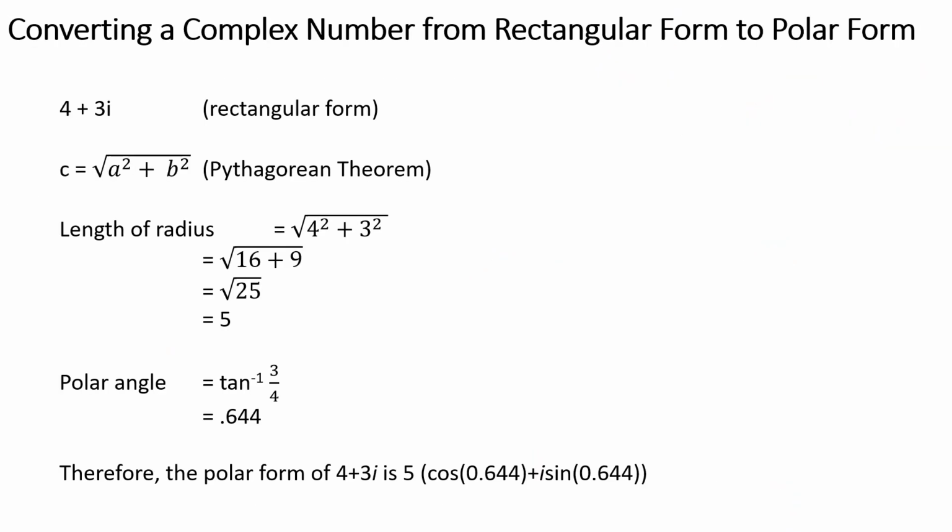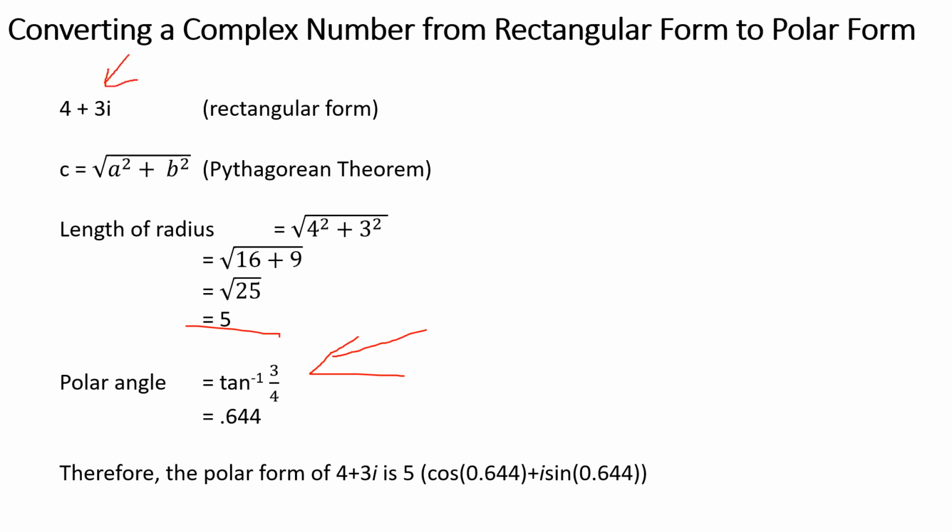So another one, rectangular form, 4 plus 3i. Well, 4 squared plus 3 squared, standard Pythagorean theorem here, 16 plus 9 is 25. So my radius, that distance out from the center of the circle, is 5. And then what is my polar angle? It's going to be sine over cosine. My sine, remember, is my second one, my y.